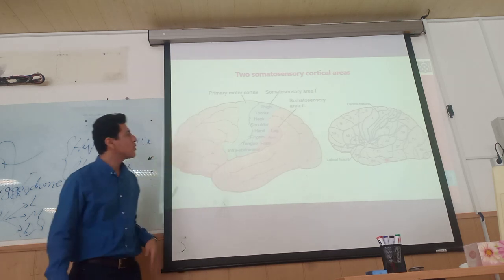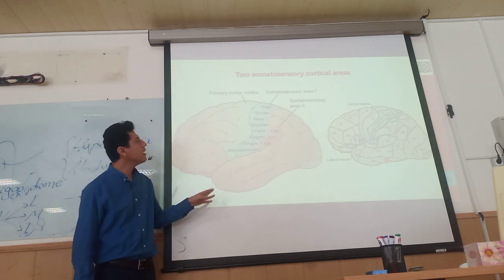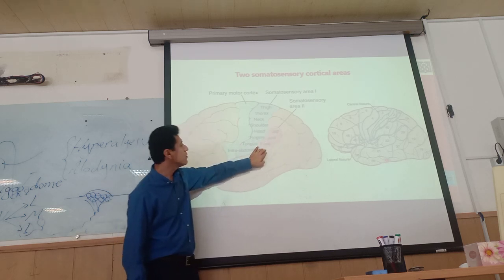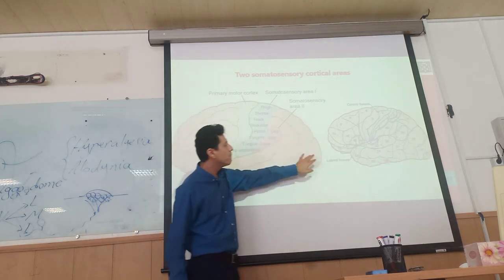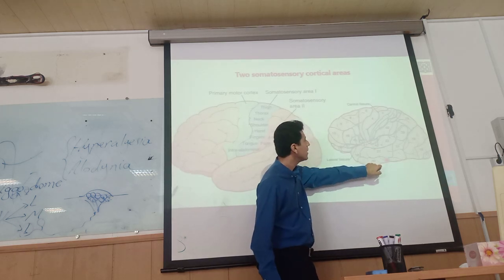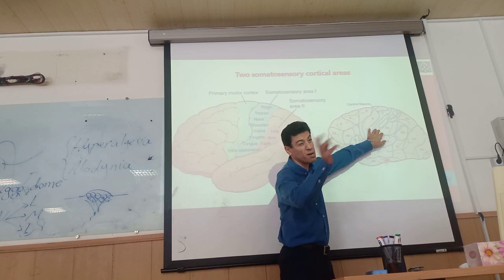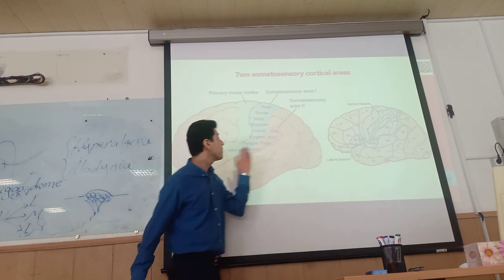So Brodmann areas 1, 2, and 3 account for somatosensory area 1. You also have somatosensory area 2, mainly in Brodmann area 43, and some parts of 40.